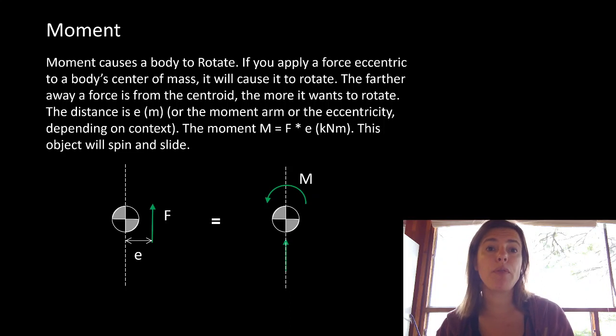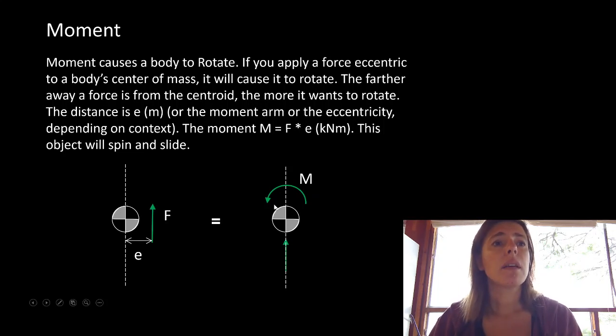So often we'll be referring to our moment in kilonewton meters. Sometimes when we're talking about strain and stress, we might change that to newton millimeters because we need to work through some equations, which we're not going to do that much of, but you might see us switch between kilonewton meters and newton millimeters periodically.